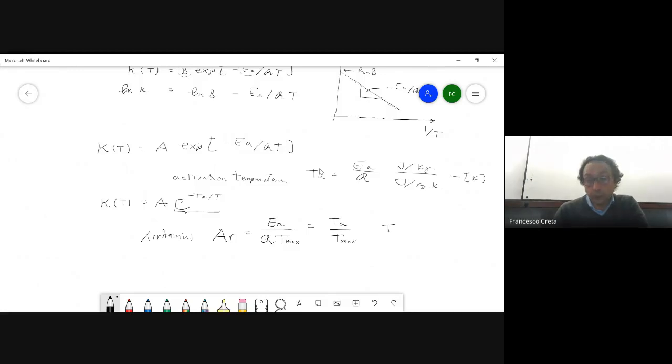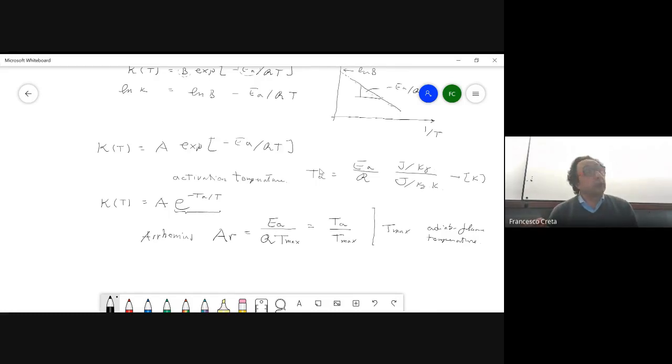Now, what is Tmax? Generally speaking, the largest possible temperature that you can encounter in your system is the adiabatic flame temperature. In a stoichiometric combustion of a hydrocarbon in air, you will have a little bit more than 2000 Kelvin.